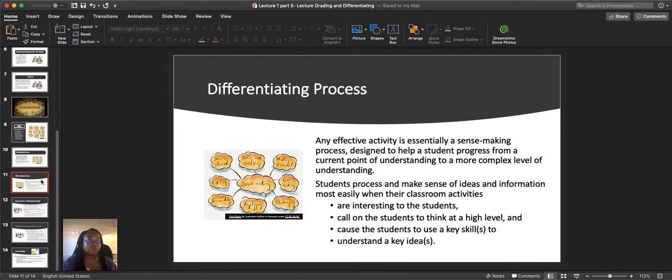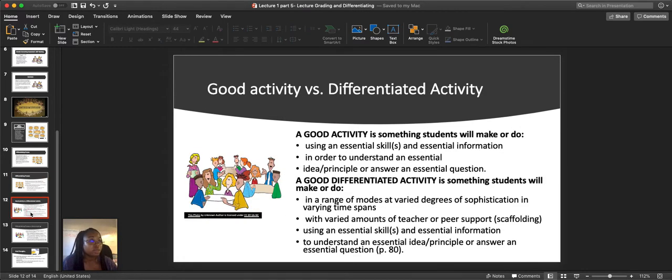So, in order for you to really ensure that your instructional approach is aligned to their sense making process or their time frame, you have to make sure that you design activities that meet the students where they are. In a short way: good activity versus differentiated activity.